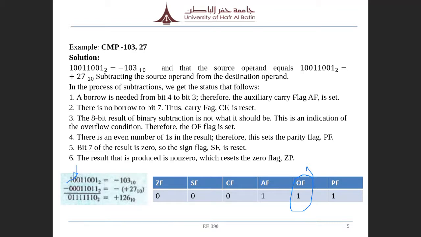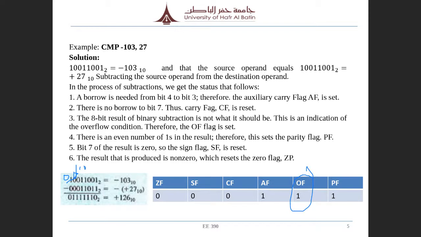We take a borrow from here, so it becomes 1 0. If you do all the steps, you will see we have a borrowing happen here. Okay, let me discuss the example from the quiz.